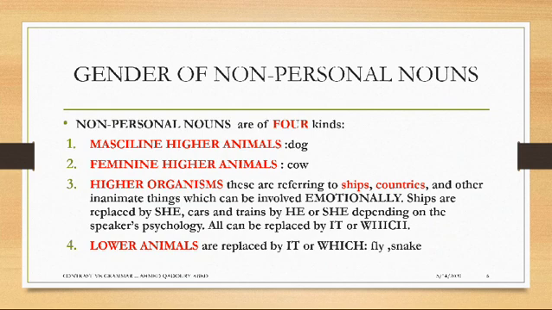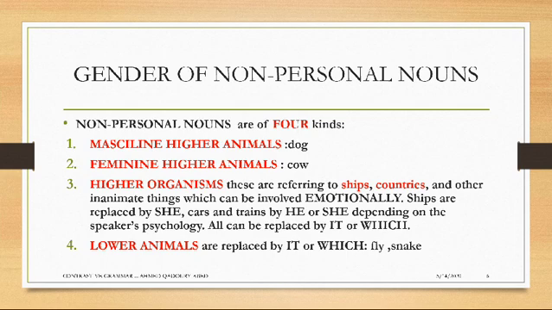Nouns, we have the following four kinds. Number one, masculine higher animals like dog. Animals, higher animals with four legs or two legs, but they are bigger, and you are able to recognize their gender.